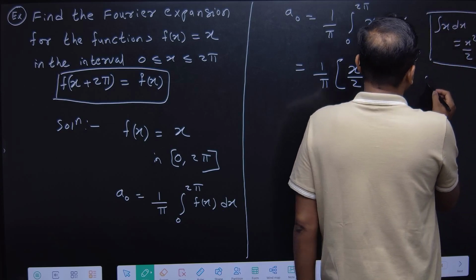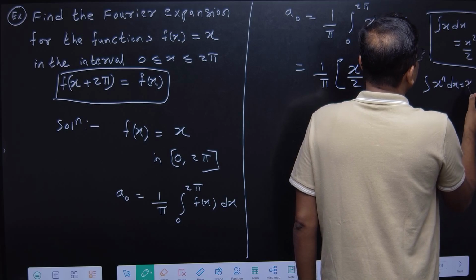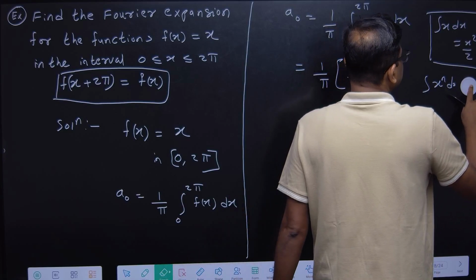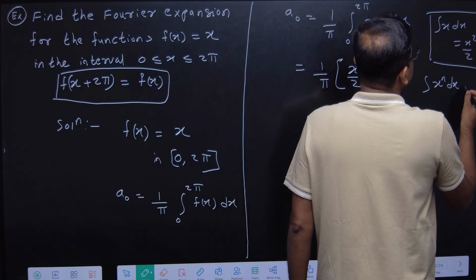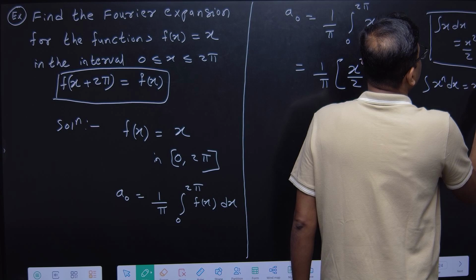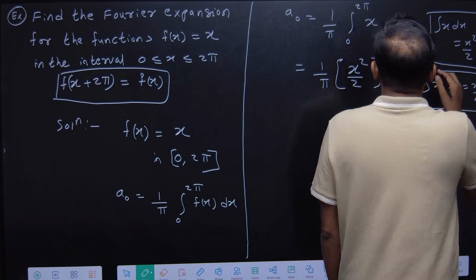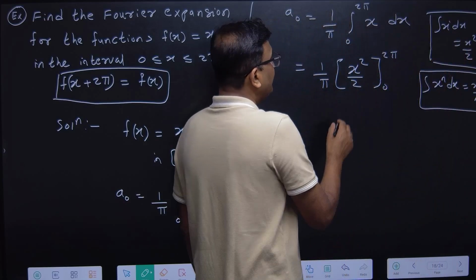Or in general we know integration of x raised to n dx is equal to x raised to n plus 1 upon n plus 1. So in this case it is x raised to 1, so it becomes x square by 2.